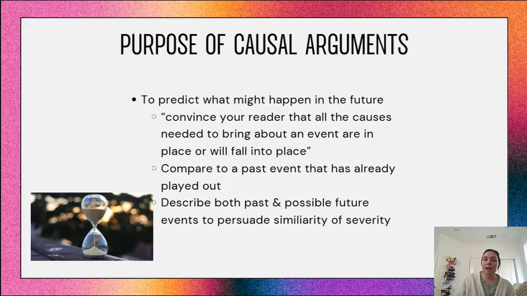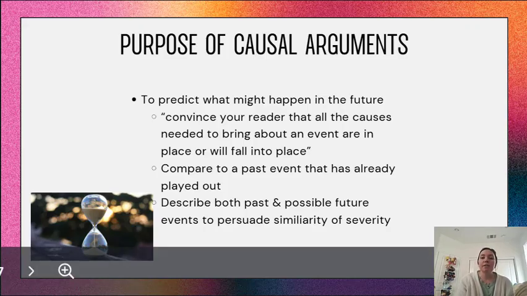You could look at how this has happened in the past. But when you use this kind of causal argument, you will need to describe both the past and the possible future events to persuade your audience that there is enough similarity of severity. Like this event is going to be just as severe as this past event, if we don't do XYZ.